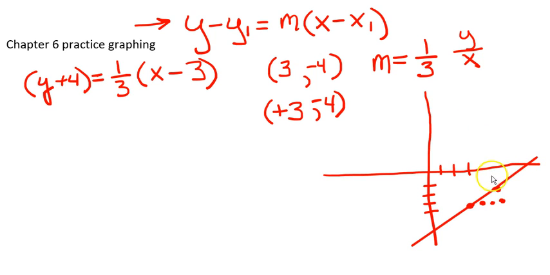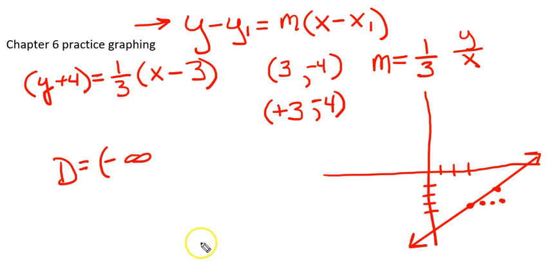Now they also ask sometimes, what is the domain of this, and what is the range of it. Now remember, domain are your x elements, and this will go to negative infinity.